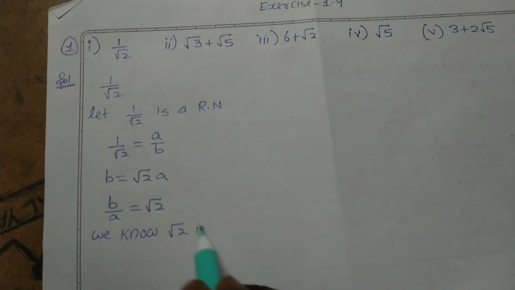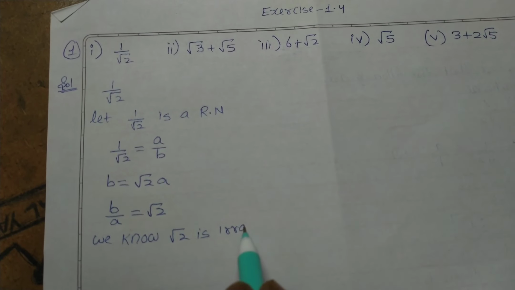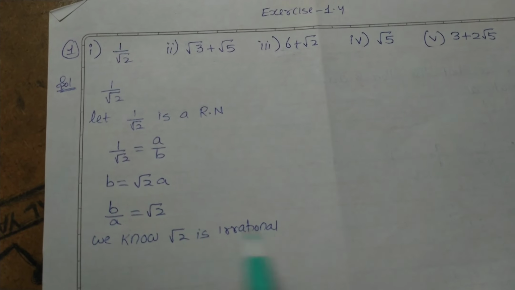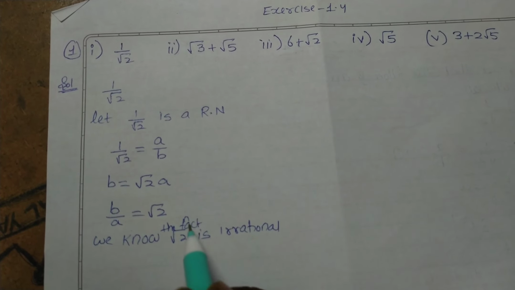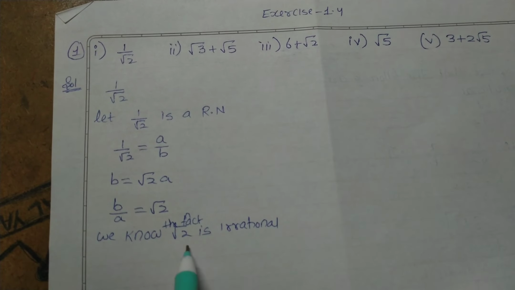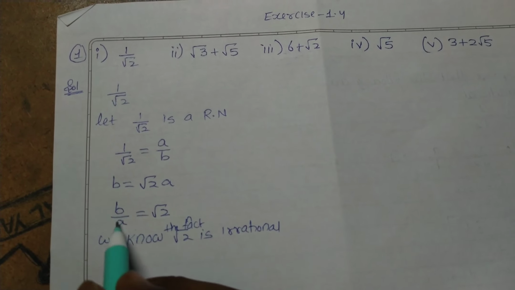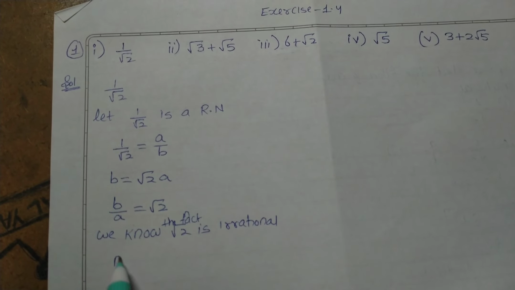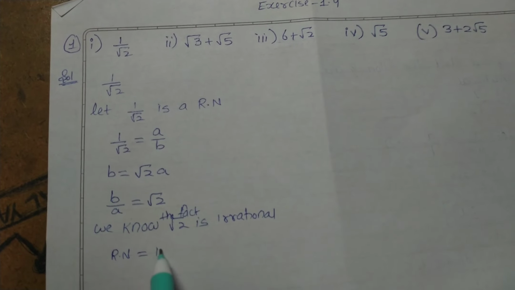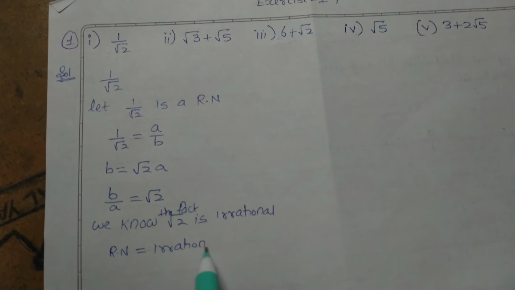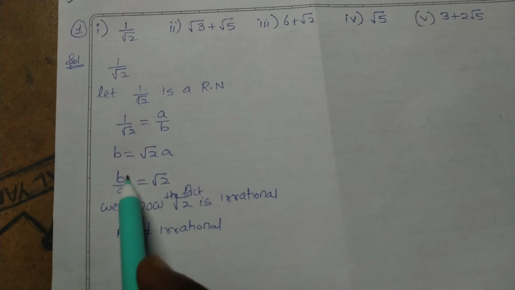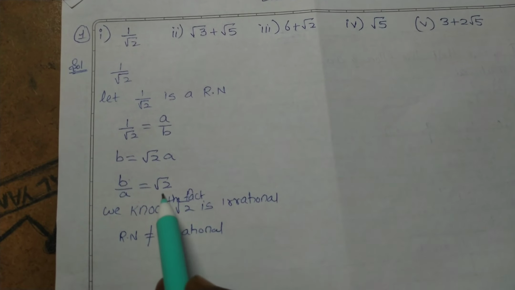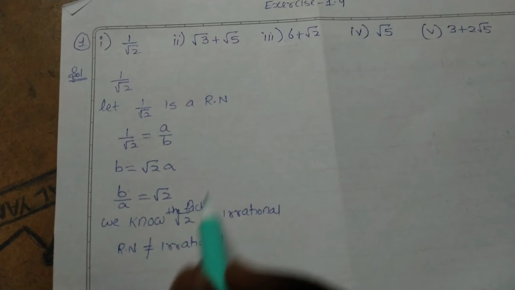But we know the fact that root 2 is an irrational number. If root 2 is irrational and b by a is rational, can a rational number be equal to an irrational number? No, right? A rational number cannot be equal to an irrational number. So b by a cannot be equal to root 2. Therefore our assumption is wrong.